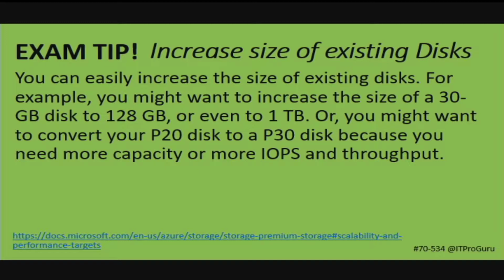So if I create a 300 gigabyte disk, that's closest to the P20, which is the 512. So I'll get charged for 512, and I'll have the same performance capabilities of a 512. So at any time, if you need more space, you can resize your disks.